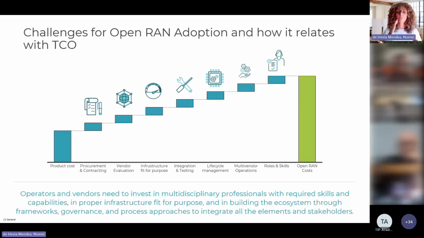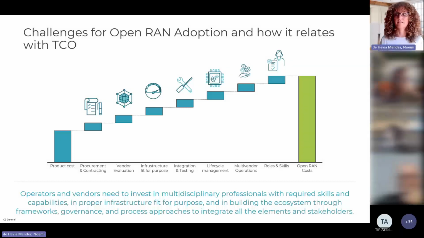Additional costs on top of the product costs are key to be considered. The expected TCO reduction in hardware and software will allow the operator to place on top those additional costs, like system integration, and make a final positive business case.